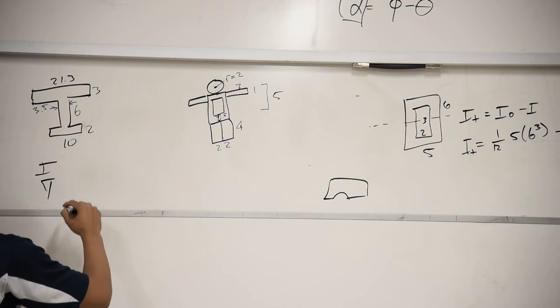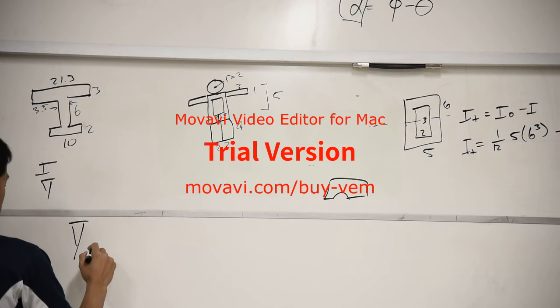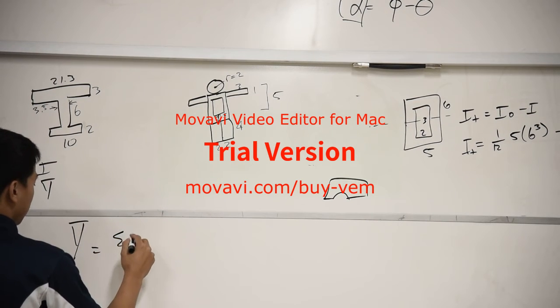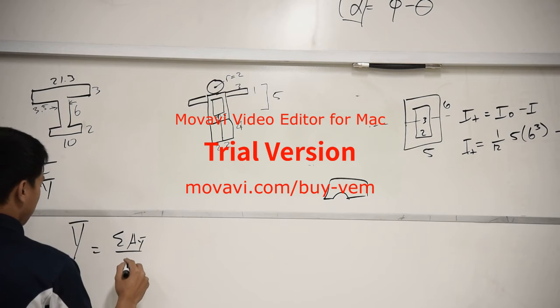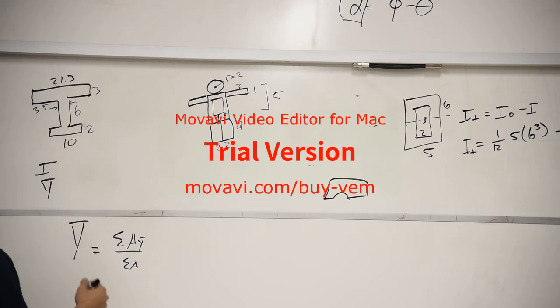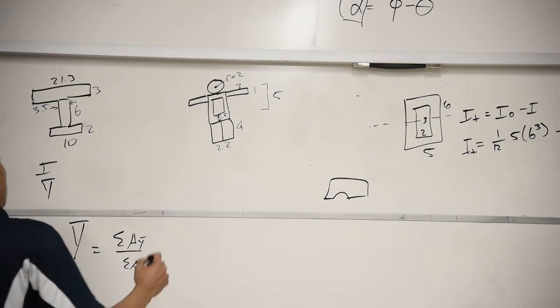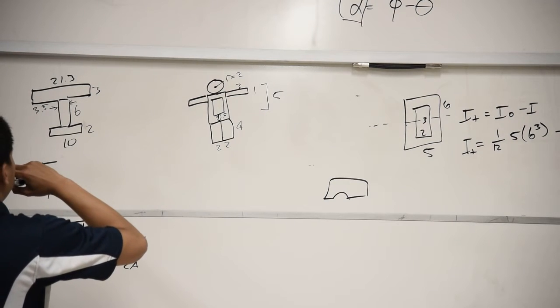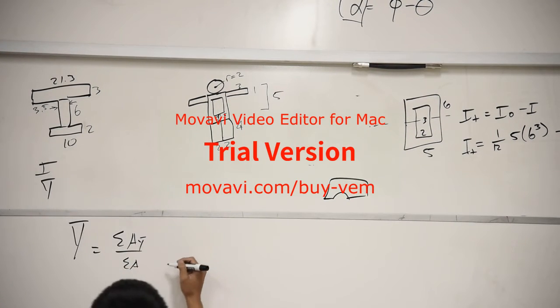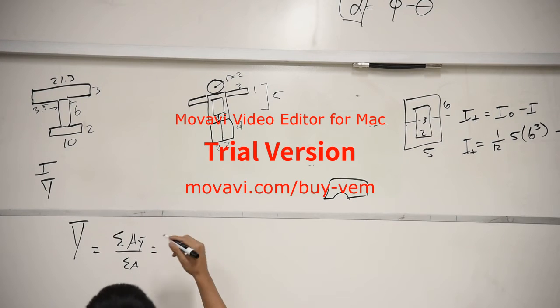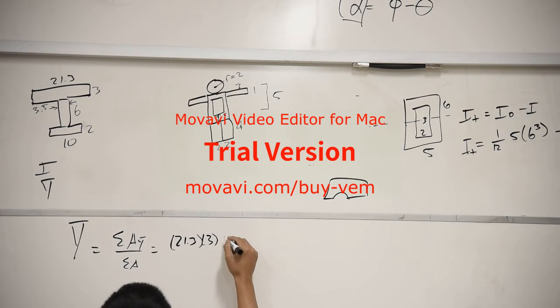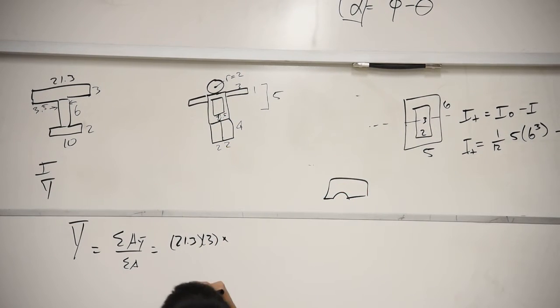Let's do y bar first. Okay, this is how I cut it. From the bottom, we're going to find y bar from the bottom. So let's do the top piece first: 21.3 times 3 times the y bar of that, which would be 2 plus 6 plus half of 3, so what, 9.5?